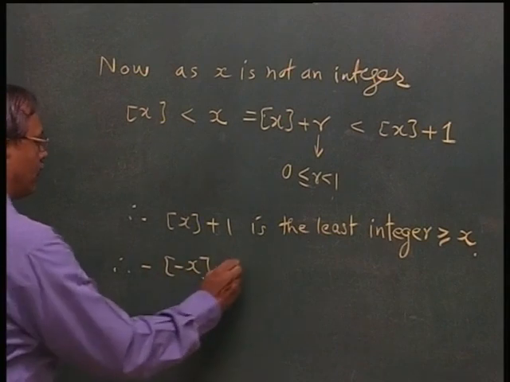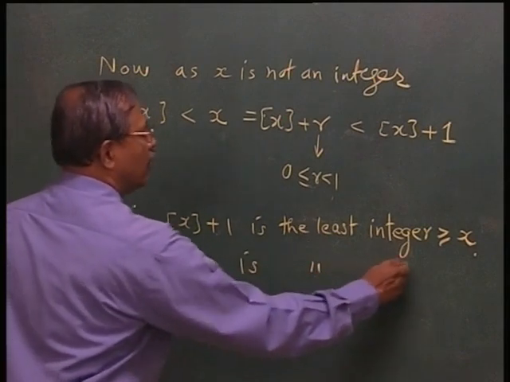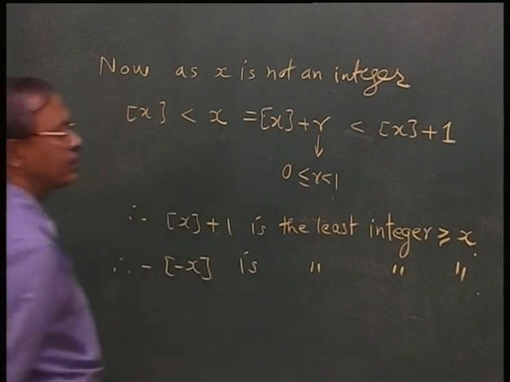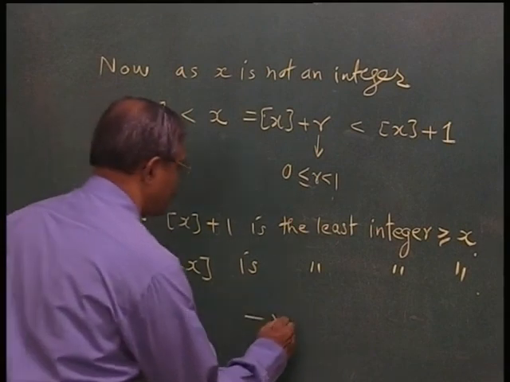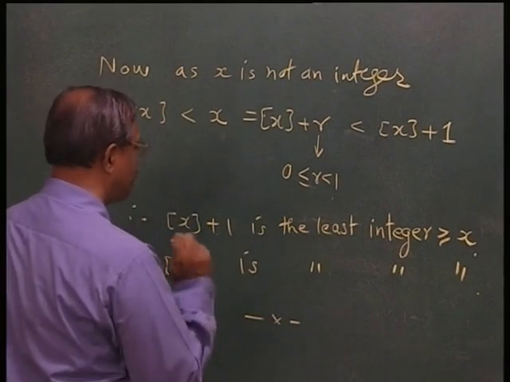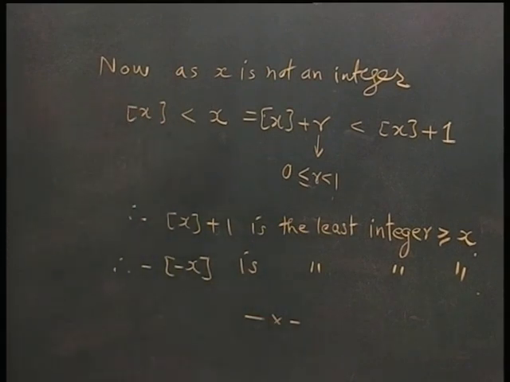Therefore minus of this is the least integer bigger or equal x. In both the cases, when x is an integer or x is not an integer, we get this result. This is the proof of property 7.